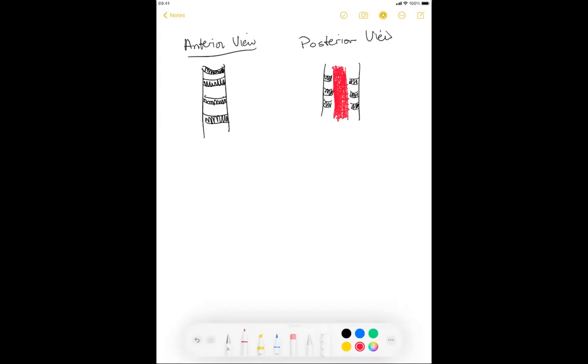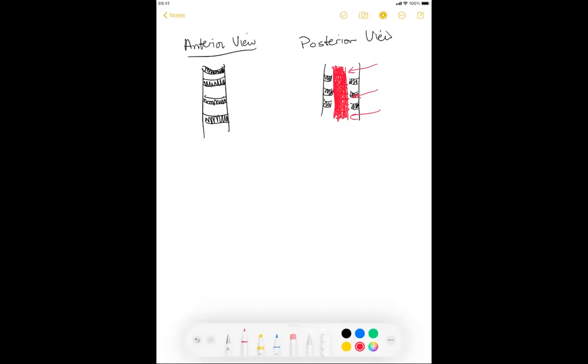And so it is possible to have something get stuck in your esophagus and push on this smooth muscle to the point that it blocks off your entire airway. It's possible to choke on something that is not even in your trachea, because if it's stuck in your esophagus, it can push on your trachea and block off the airway so that you can't get air in.